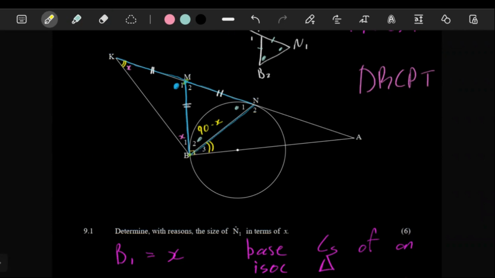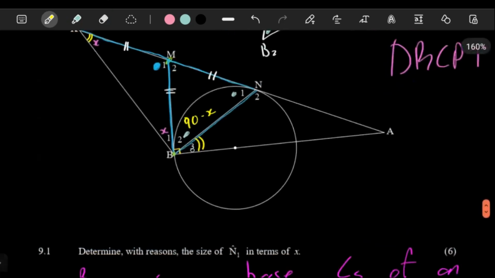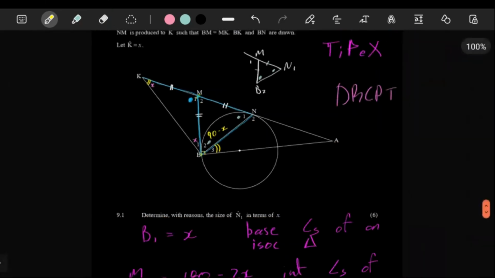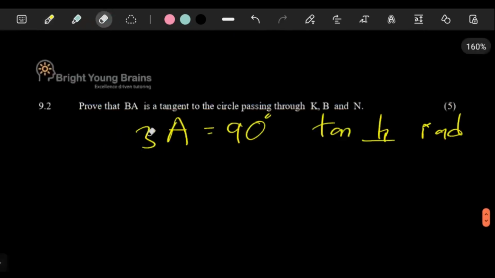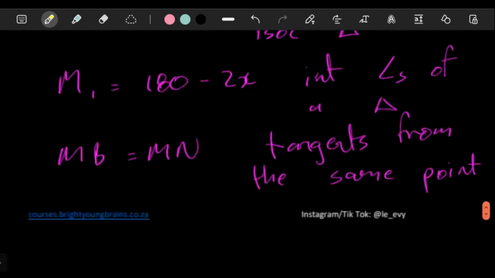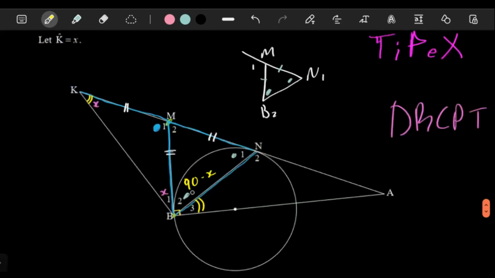Fine. Now because this is 90, we can say B2 plus B3 is equal to 90. Let's write it like that because it's going to be easier for us to write it algebraically. It's the same as this big angle here, but we can just write it separately for calculation purposes.